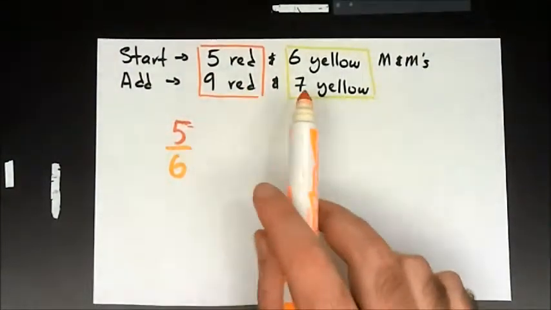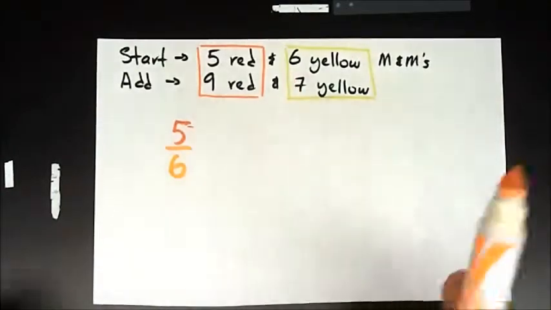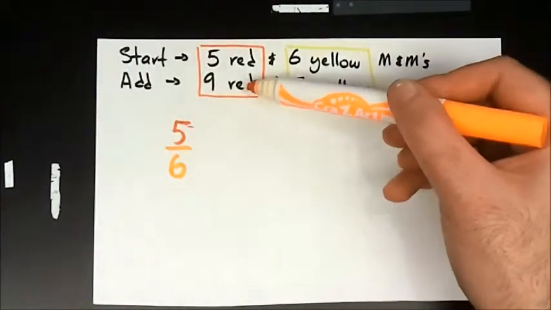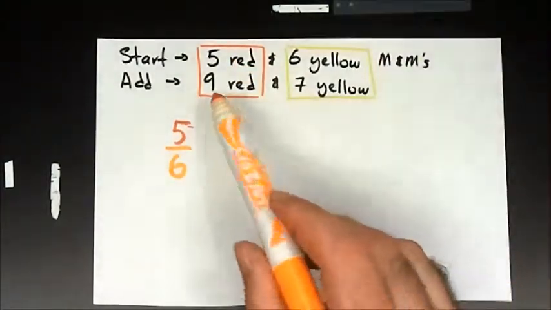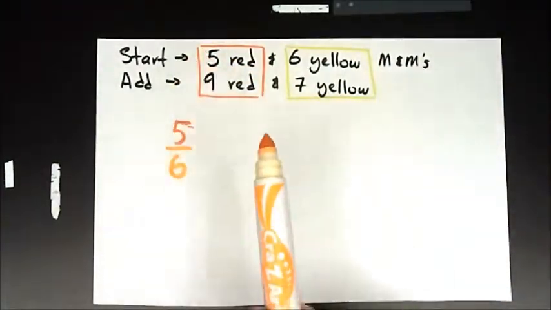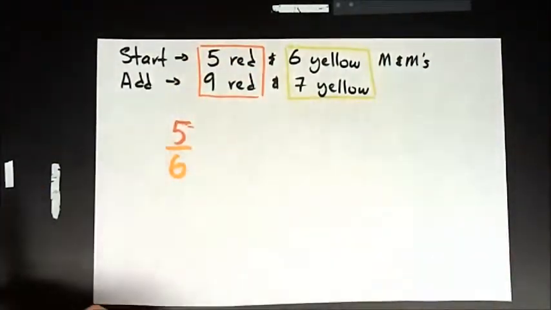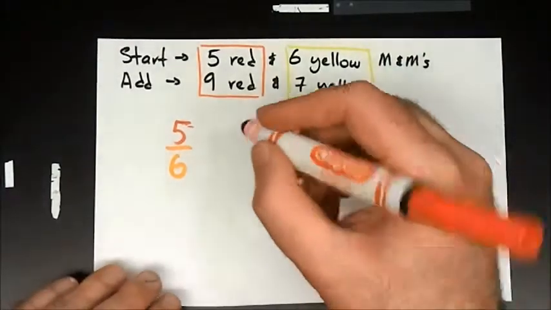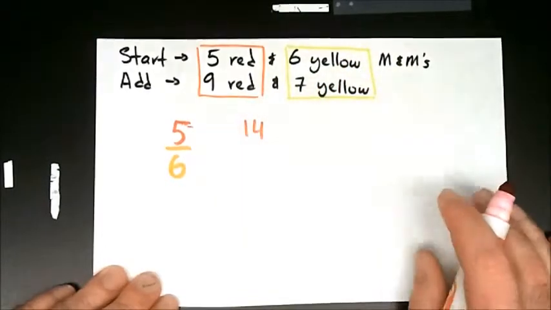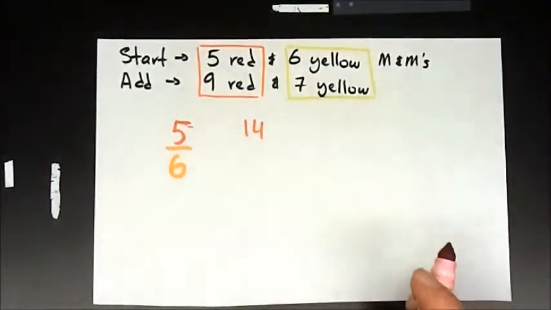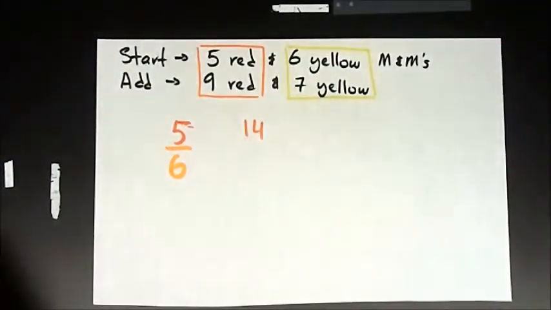Now some of you just straight up compare it to 9 over 7, which is fine. I like to add the amount I'm given to my original. So I take the 9 and add it to the 5. So 9 plus 5 is 14. And 7 plus 6 is 13.